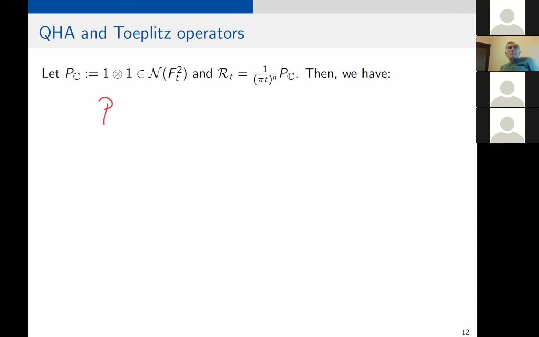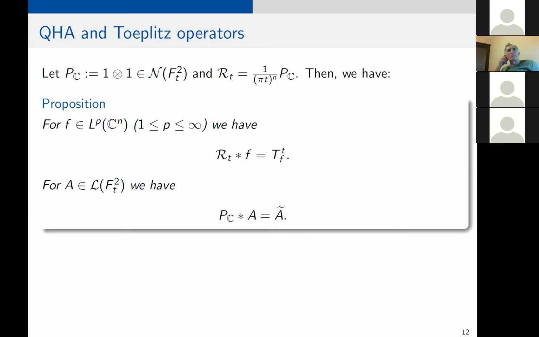So it acts as PC of f is just f times 1. And the constant function 1 is just a reproducing kernel at 0. So this is just f0 considered as the constant function in the Fock space. This is what this PC does. And RT is just a certain normalized version of this trace class operator PC.